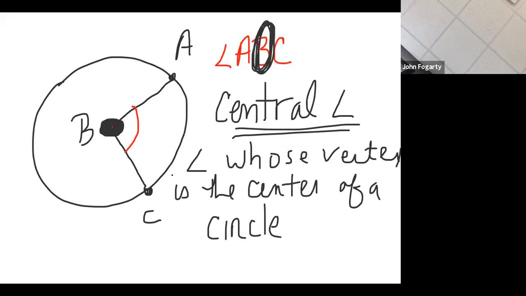It's B. If you look at that picture, what's B? The center of the circle. So angle ABC becomes a central angle. Does that make sense? Yes or no? All righty, let me get rid of all of this.